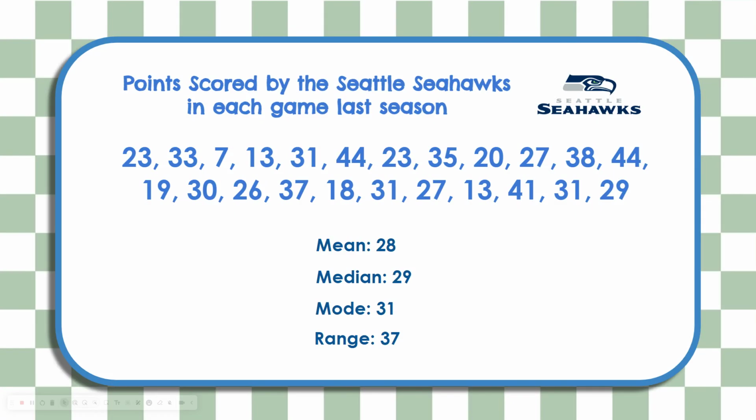And today we're going to practice finding something called the range. Maybe you've heard of it before, maybe not, but it's pretty simple. The range is basically the largest number minus the smallest number. They scored 44 points, that was the highest total that they had, and 7 was the lowest total, so 44 minus 7 would be 37. That would be the range. So that's another good way to summarize this data.